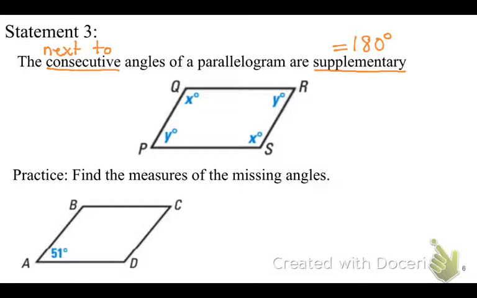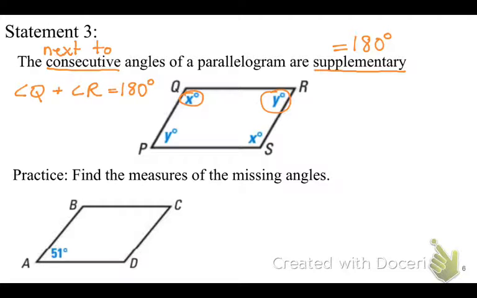So here we have angle Q and angle R are supplementary. Notice they have the x and the y. Okay, so angle Q and angle R are going to equal 180 degrees.